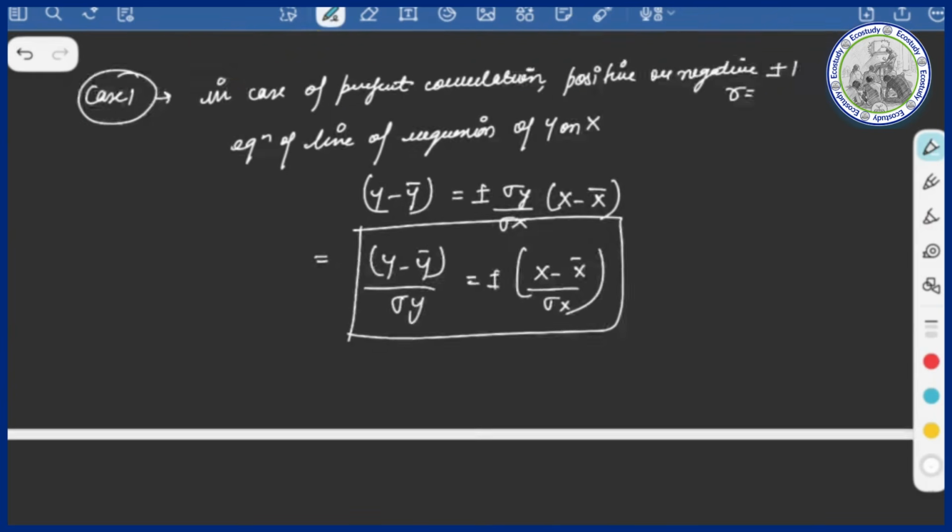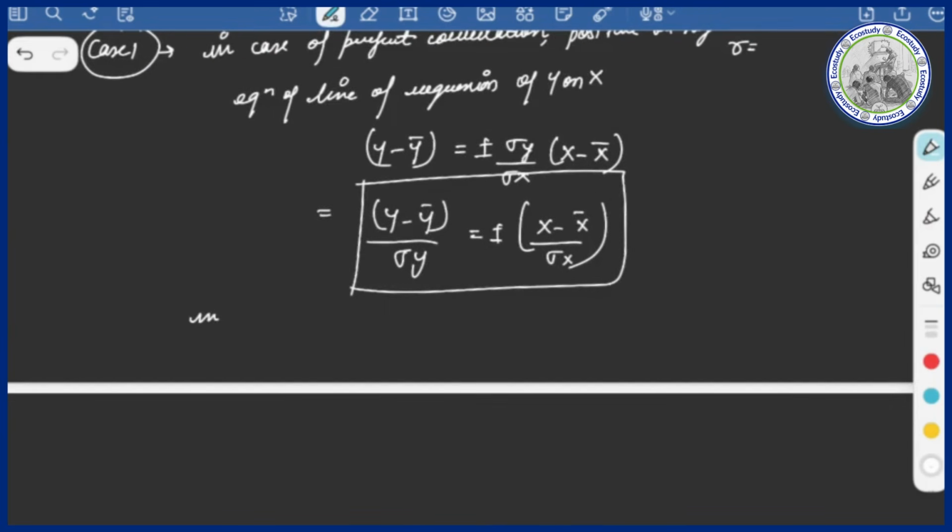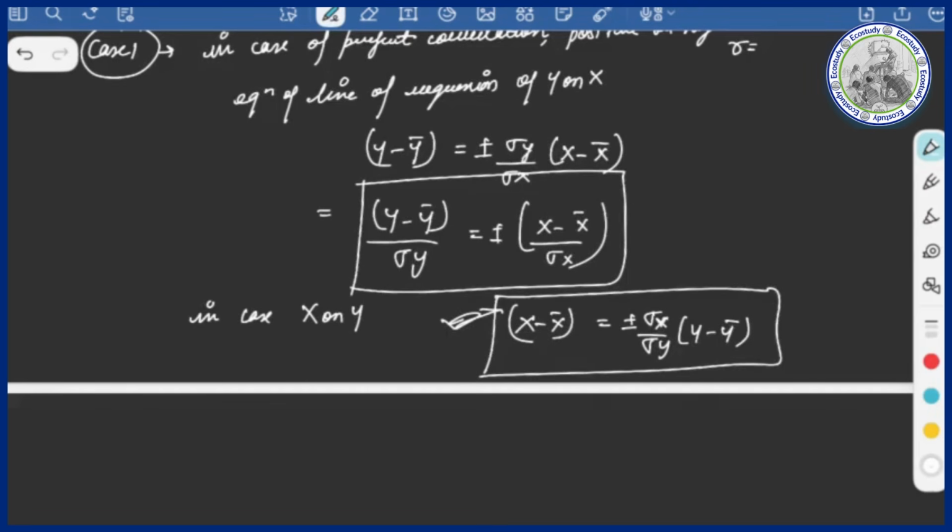Similarly, in the case of x on y, you will get this.